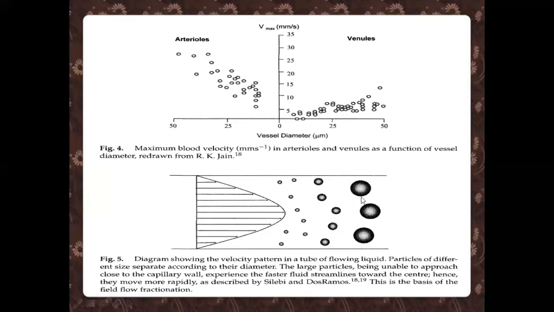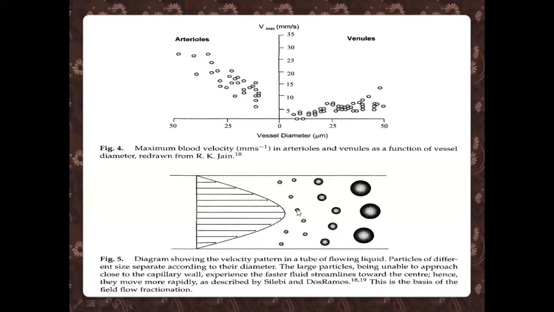So these bigger molecules cannot go to the sides of the walls, so they will come to the center of the fluid flow, and they will have faster movement towards the center. Hence they move more rapidly, that is their velocity or speed will be high. This is the basis of field flow fractionation.